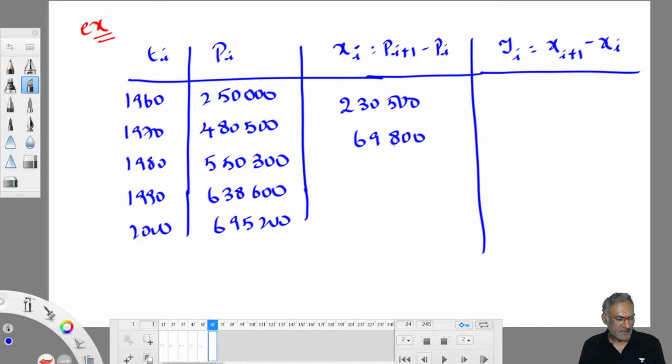You have to practice and involve in the class. You should feel the difficulty on your own while solving the problems. Then only you will be successful in the exam. 5,50,300 minus 4,80,500 is 88,300. See, now I am also working it out along with you using a virtual calculator.